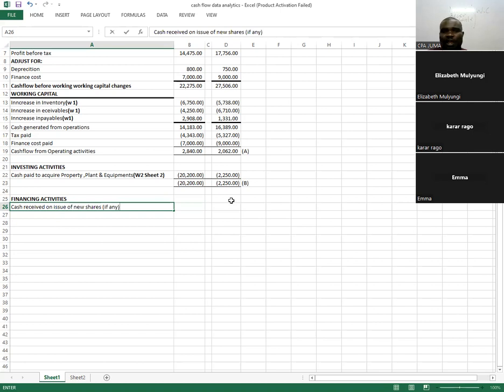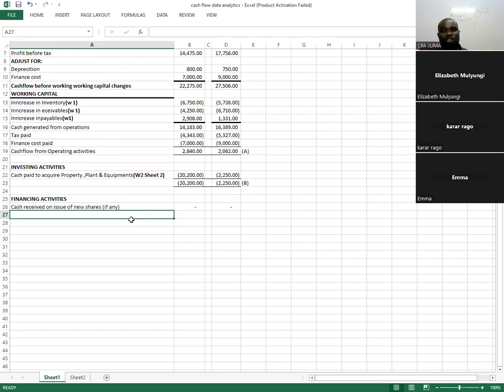If it was there, then you capture, but there was nothing like that. So we are not afraid to show it there. In fact, it will not add anything, neither will it subtract anything. You're just trying to tell the examiner that if you could have captured, I would have shown it there. So there is nothing. Then you go to retained earnings under equity.